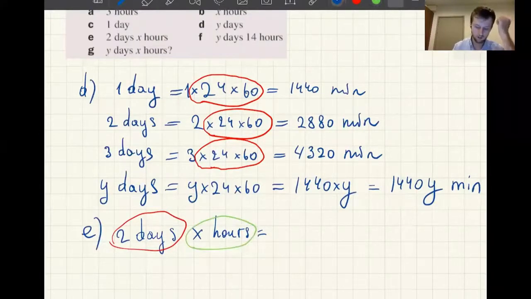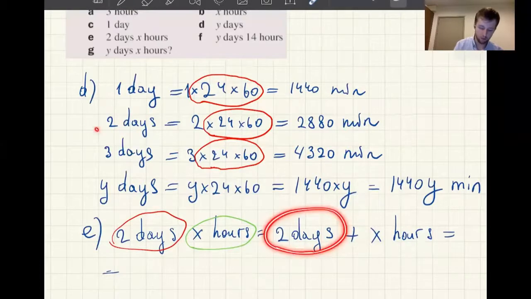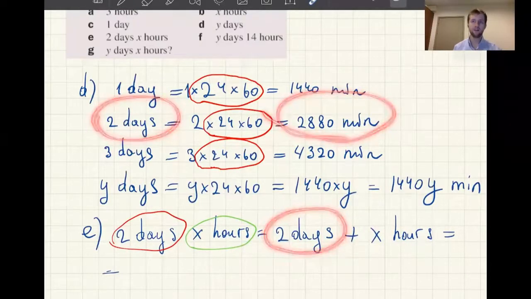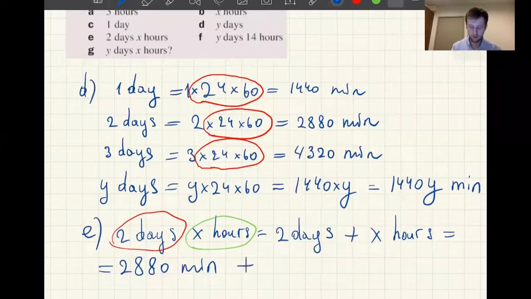So 2 days x hours we can express as 2 days plus x hours. We know that 2 days are equal to 2,880 minutes, so we go 2,880 minutes plus x hours.